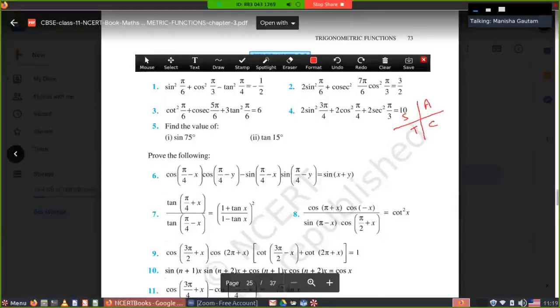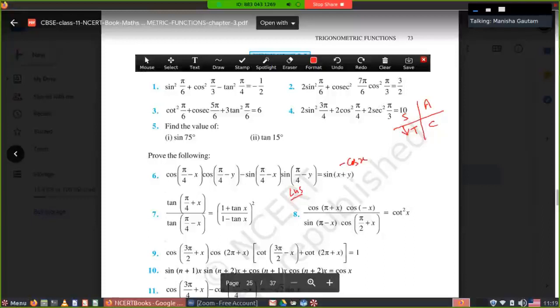You know that on a horizontal line there is no change in the trigonometric function; on a vertical line there is a change. So here is cos(pi plus x). Pi plus x means you are in the third quadrant, where you get a negative sign: minus of cos x.